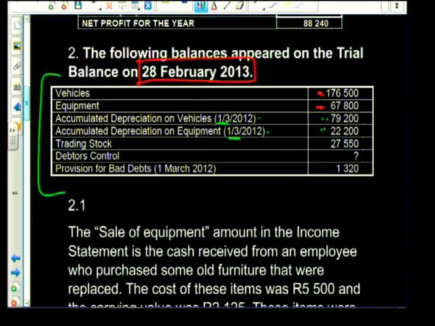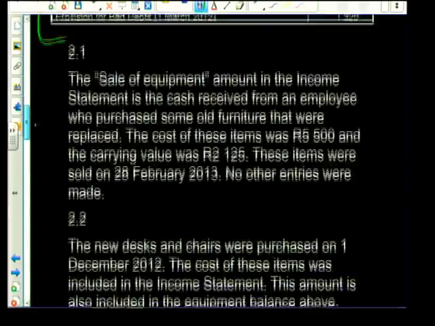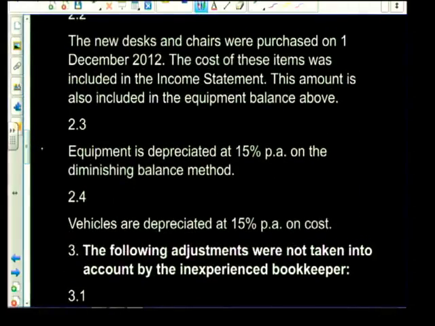So we're not sure whether they are the figures at the end of the year or at the beginning. They haven't put the dates in brackets like here. So we have to read a little bit further, and it tells us that the new desks and chairs that we bought, this amount is included in the equipment balance above.